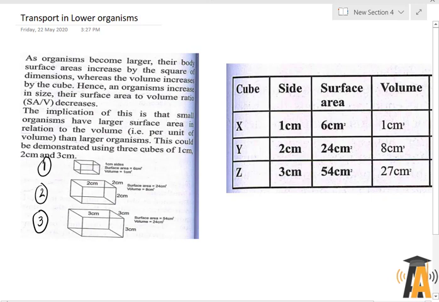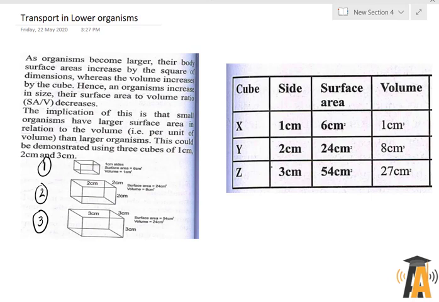For 1 it is 1 centimeter, for 2 it is 2 centimeters, for 3 it is 3 centimeters. Now when you look at the surface area, for X it is 6, while the volume is 1. The surface area for Y is 24, while the volume is 8. The surface area for Z is 54, while the volume is 27.